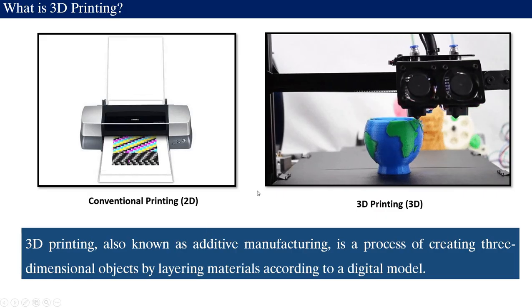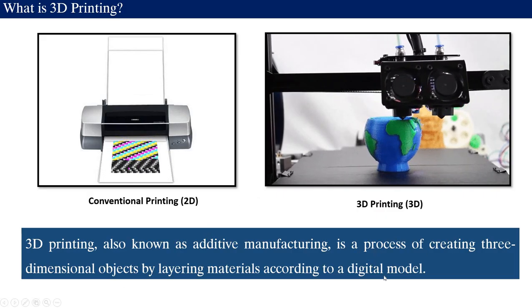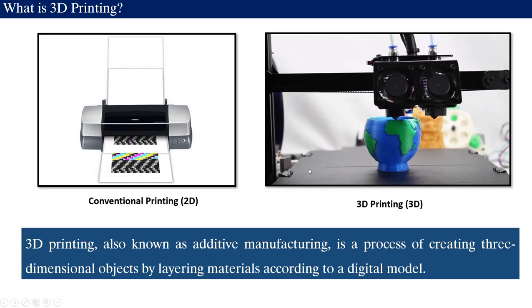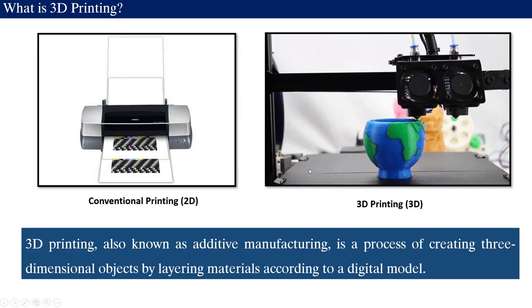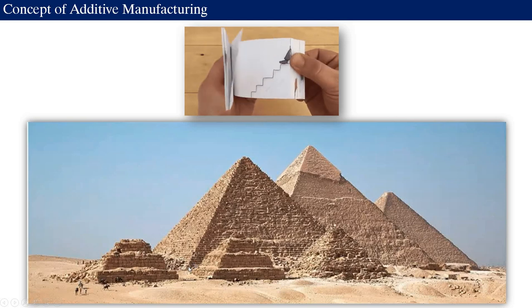3D printing is also known as additive manufacturing, and it is a process of creating three-dimensional objects by layering material according to a digital model. Why is this called additive manufacturing? We'll see this. Additive manufacturing means manufacturing in which the material is added layer by layer.